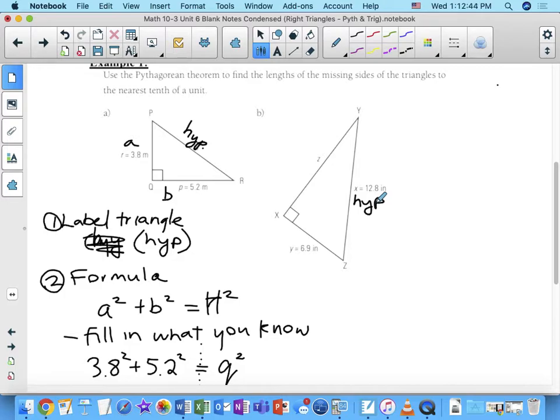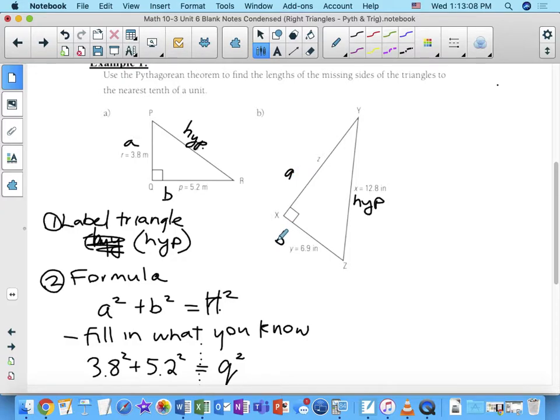So you have to be really careful, and that's why I don't want you to skip this first step. Explicitly label the hypotenuse, because then you prevent the mistake of putting the wrong value in on the right side by itself. The other 2 don't matter. You can label them A and B.